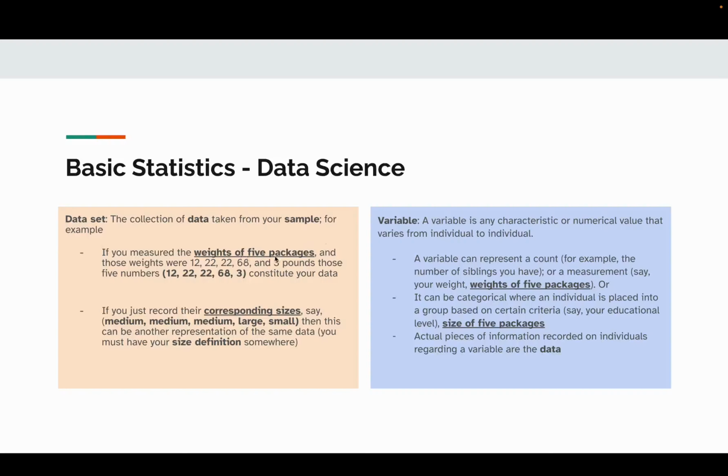Now, what is the variable? You have one higher level concept that actually relates to your data. For example, here we are saying that these are the weights of the packages. So the weight of the packages can be a variable, and the sequence of package weights are your data.